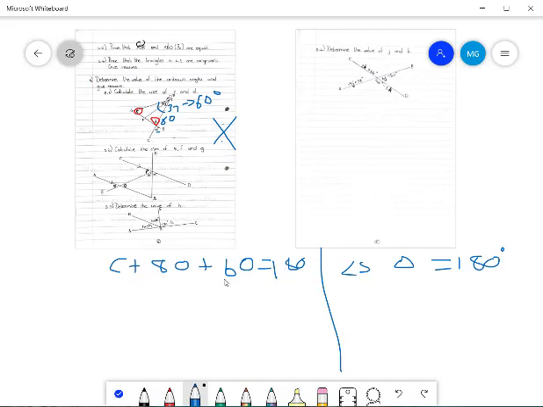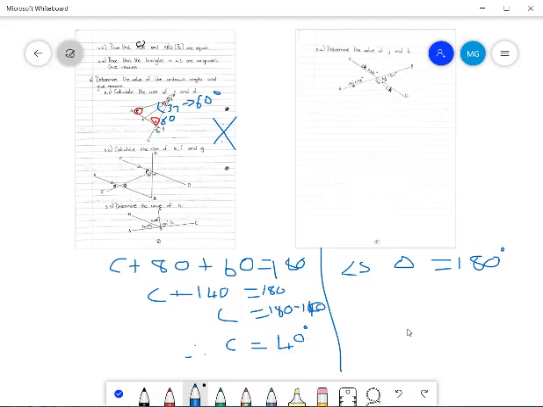So again, do the same as what we did with the straight line. You just add these 2, which is 140, and then you take that 140 over and it becomes a subtraction. So therefore C is 40 degrees.